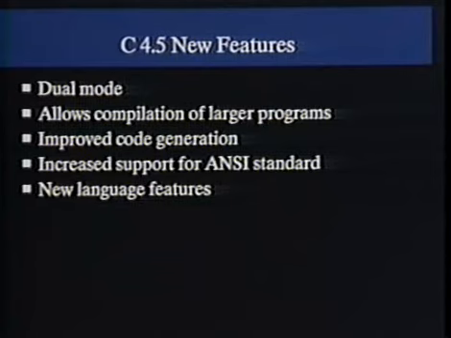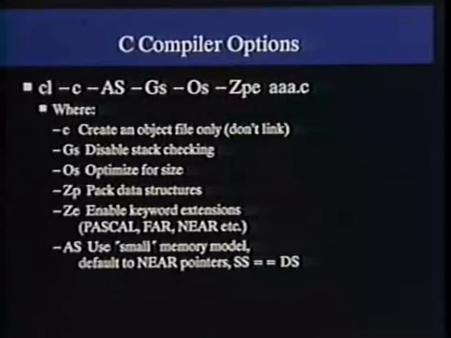So the features for the ANSI standard that are taking shape have been brought up to date with the new 4.5. It has a couple of new language features, one of them being string concatenation. But the major aspect of it is that it's dual mode. It runs in either real mode or protect mode. Right? So let's look at the actual compilation.